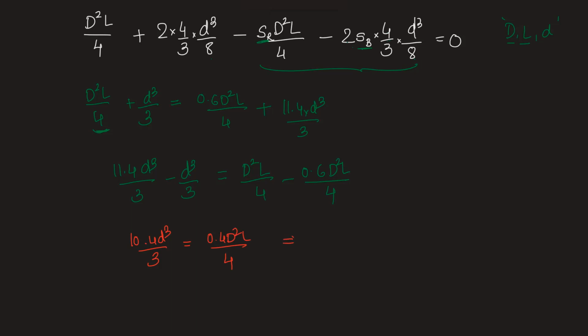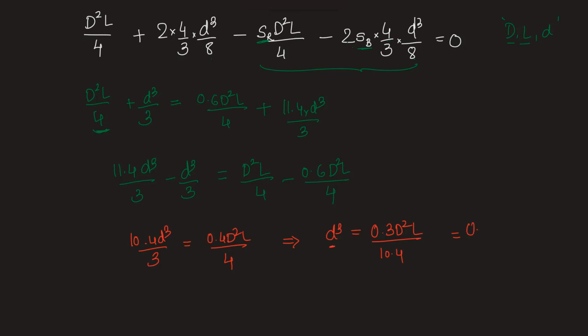Keeping d cube on one side and taking all other terms on the other side, we'll have 0.4 upon 4 be 0.1 into D square L into 3 will give us 0.3 into D square L upon 10.4. Substituting the value of capital D and capital L, capital D is 4 centimeter and capital L is 8 meter. So we'll substitute all values in centimeter because we need d value also in centimeter.